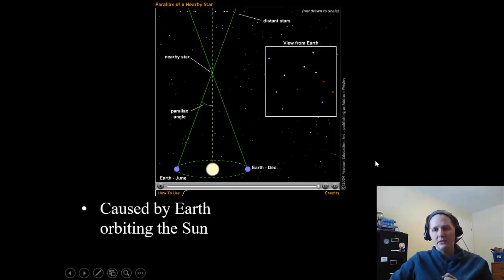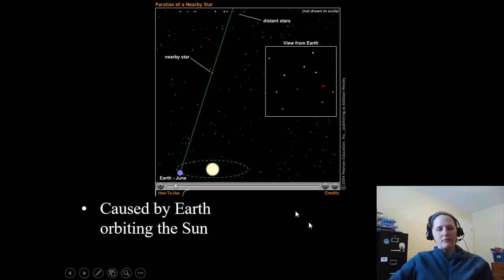Here's a different way to look at stellar parallax. We have Earth orbiting the sun, and we have Earth's line of sight to a nearby star. The nearby star is red, so that's this one over here. The view from Earth is the red star. We're going to look at the red star and watch how it moves compared to these distant stars, which are other colors, not red.